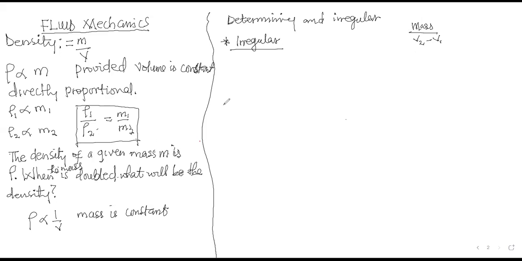Don't forget that the SI unit of mass density is kilogram per meter cube. Other units can be gram per centimeter cube, gram per millimeter cube.